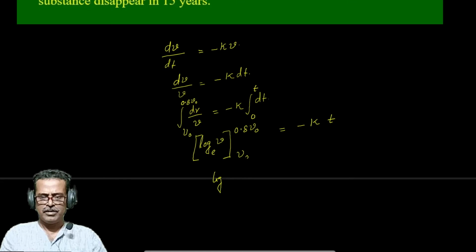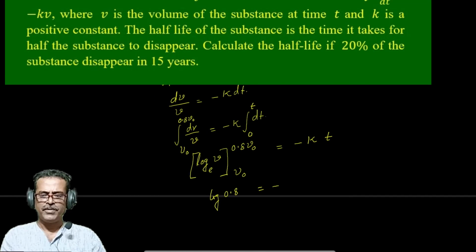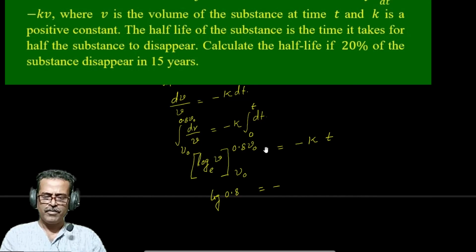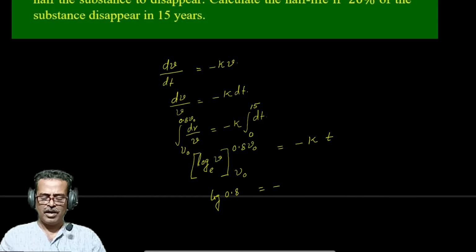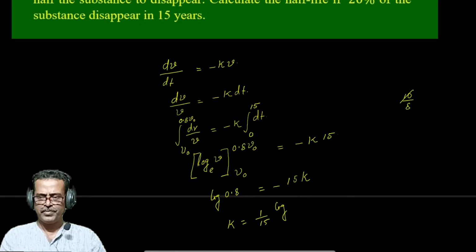So log 0.8 is equal to minus k into 15 years, t is equal to 15 years. 8 by 10, so k is equal to 1 by 15 log 10 by 8, that is 5 by 4. Okay, this is the value of k.